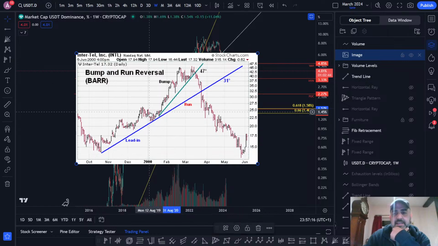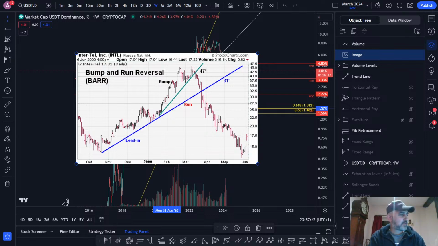This doesn't have any of that data, so we can't see. Let me see if there's any other information on targeting the bump and run. Does it give you targets? Any targets? Can't see it. Can't see any targets. Let me type that in.